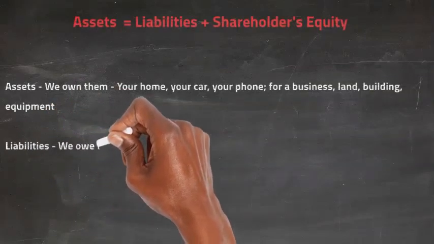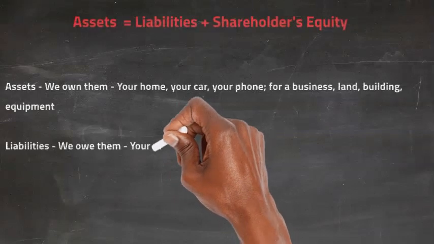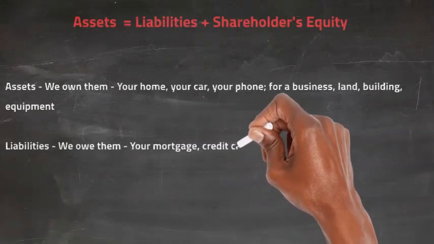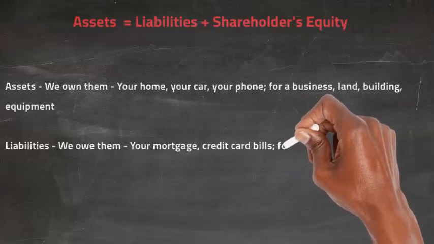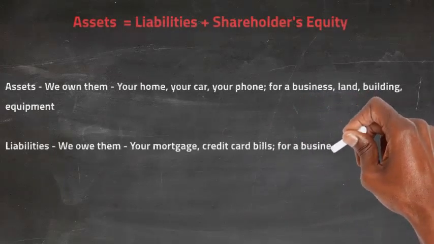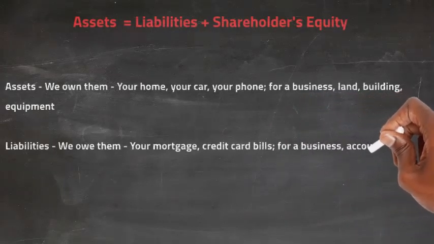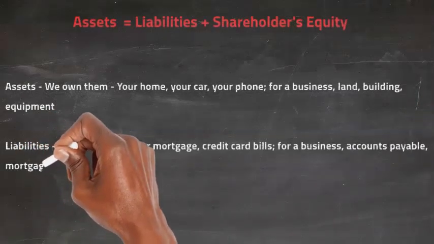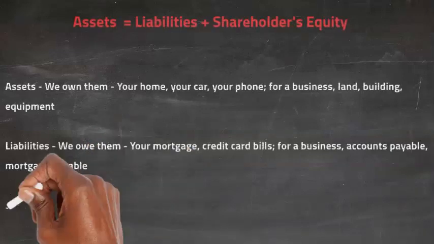Liabilities, we owe someone else. We owe our mortgage, we owe our credit card bills. For a business, they can have accounts payable owing to suppliers, or they can have a mortgage payable or some other payable where they owe someone else.